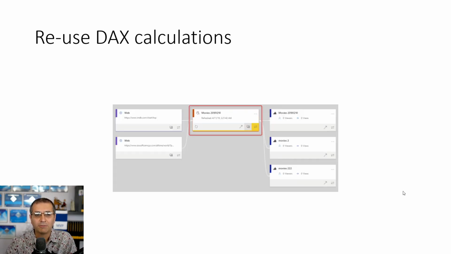The second tip I want to explain is a similar situation but with DAX calculation. Let's say you spend a lot of time creating a DAX calculation. That might be a year-to-date calculation, year-over-year calculation, any of the time intelligence calculations or percentage of a total for a particular situation. You spend time to create it. Now you want to use it in multiple reports.